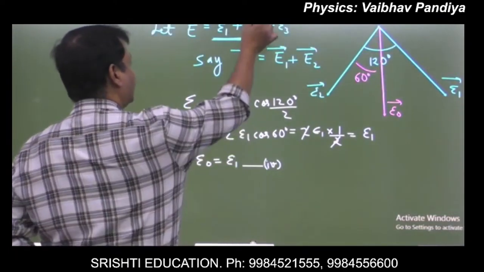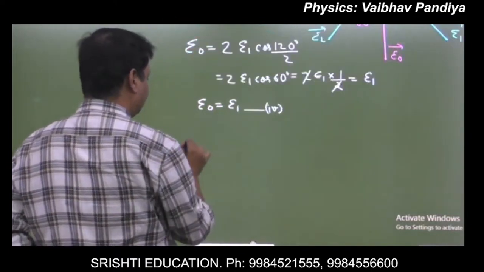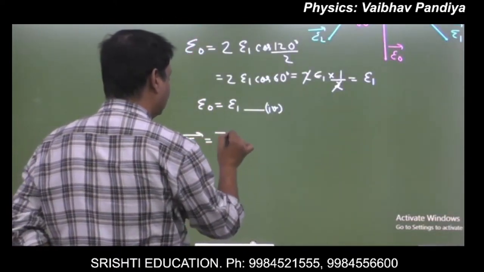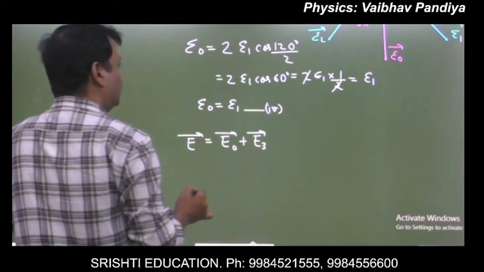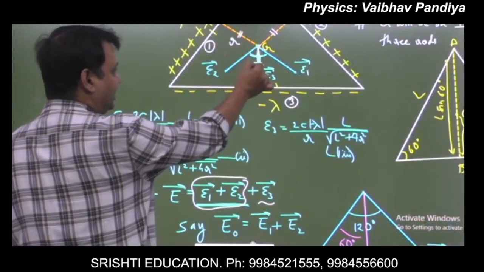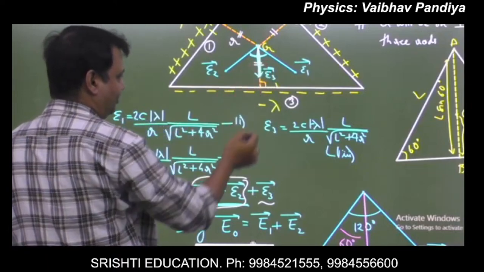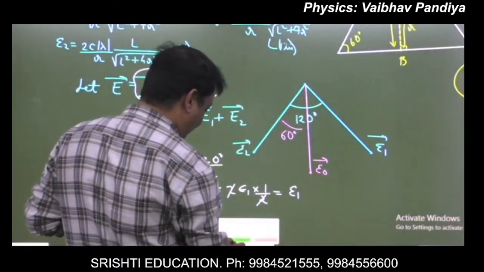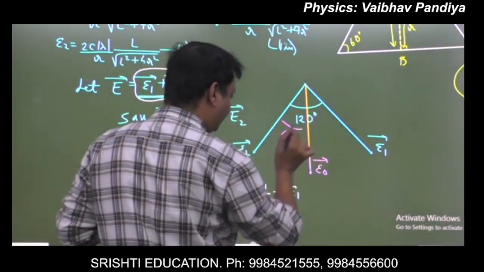Now we got the resultant of E1 and E2. And now what is left? E3. So now vector E will be E0 plus E3. Now what is the direction of E3? E3 is also coming along the angular bisector of these two vectors, or along the median of this bottom side. So vector E3 is along this line.